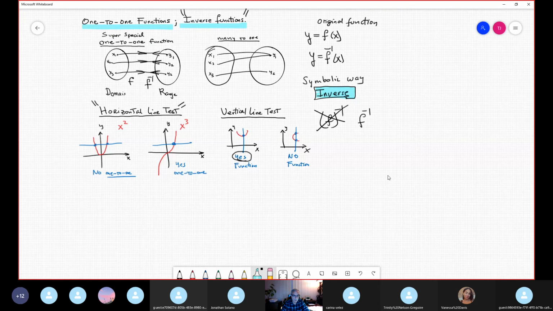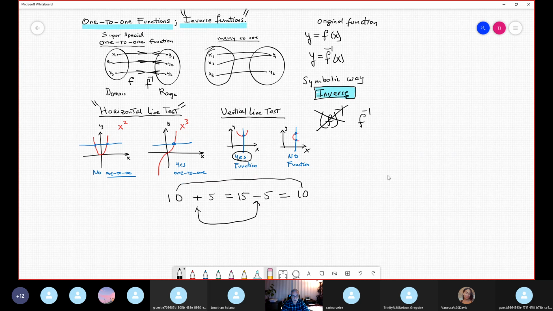Suppose you pick one value, 10, and you add something, suppose 5, 15. And if from 15 you subtract 5, you get the inverse, the same number, 10. And we come back to the beginning.